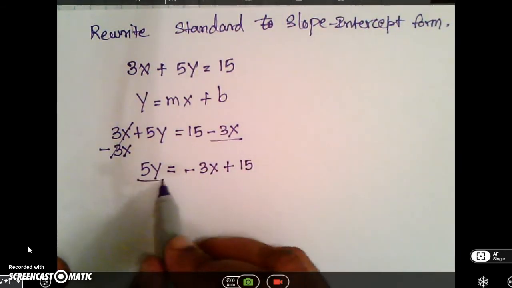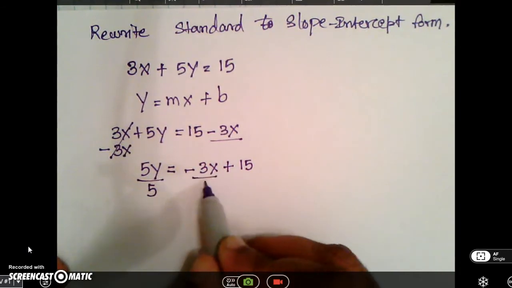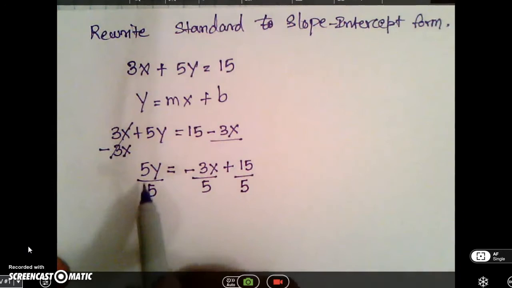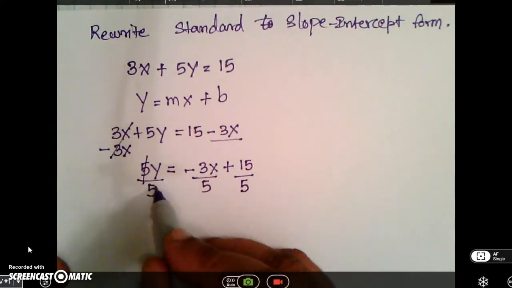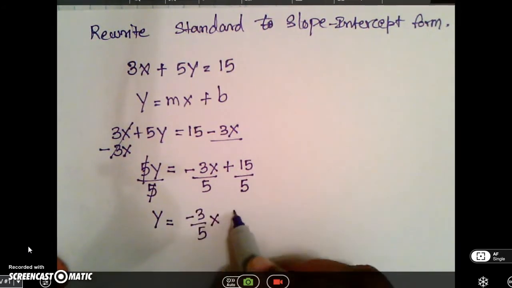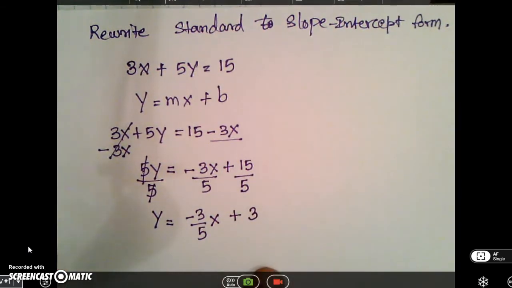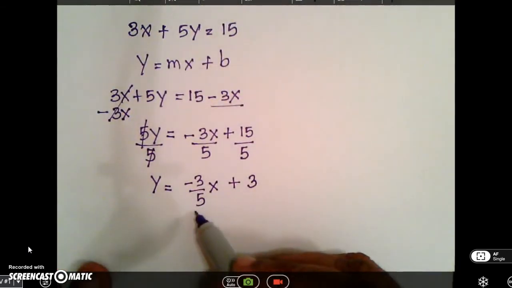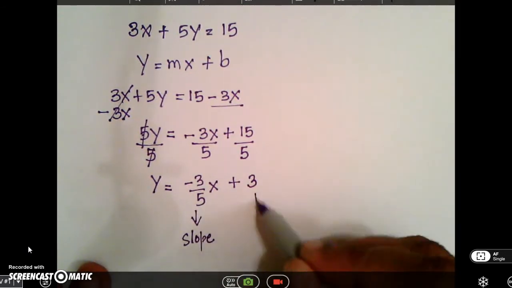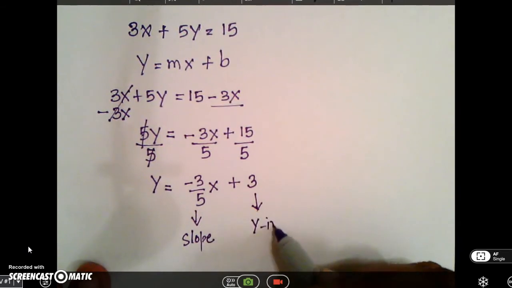Now I want to divide everybody by 5. Everybody gets divided by 5. So 5y divided by 5 gives you y equal to negative 3 over 5x plus 3. So I got my slope-intercept form. This thing is my slope, negative 3 over 5, and that's my y-intercept.